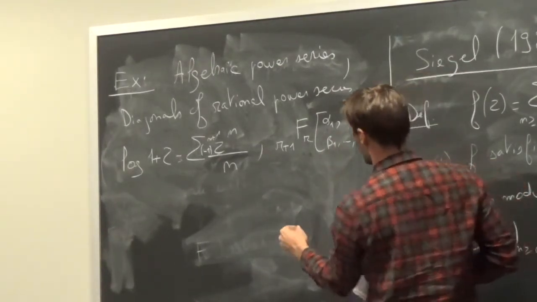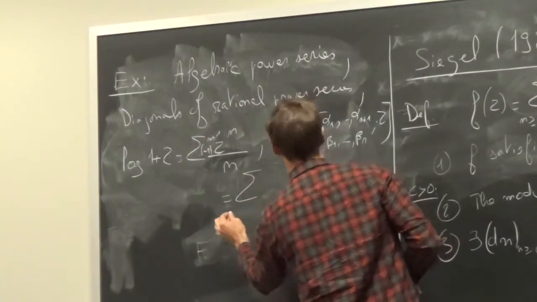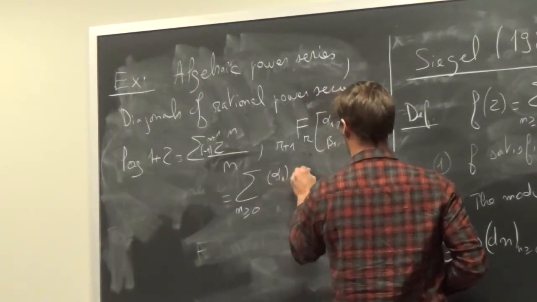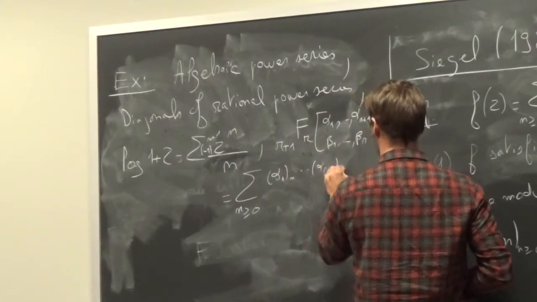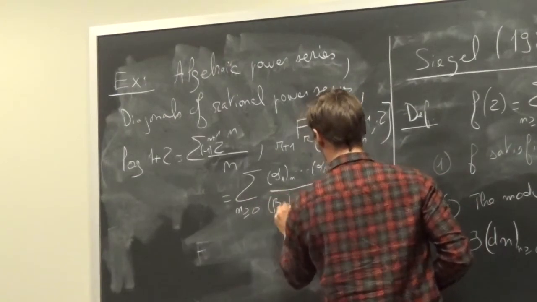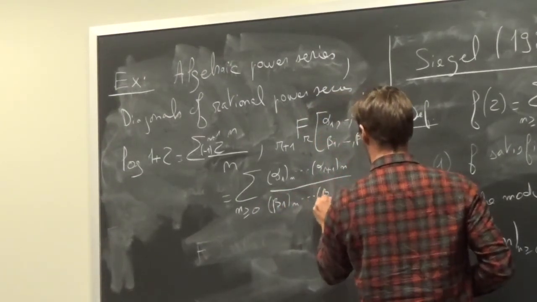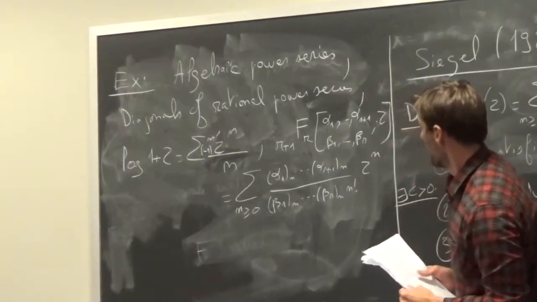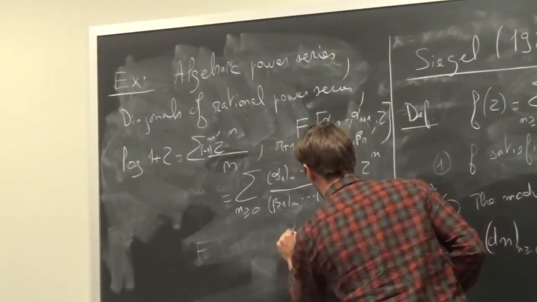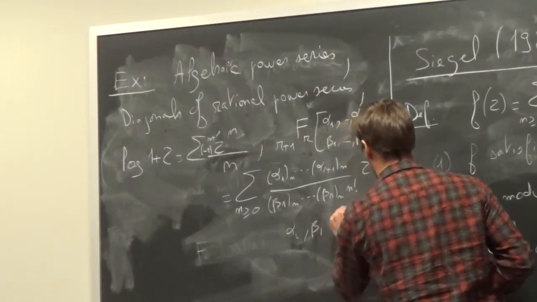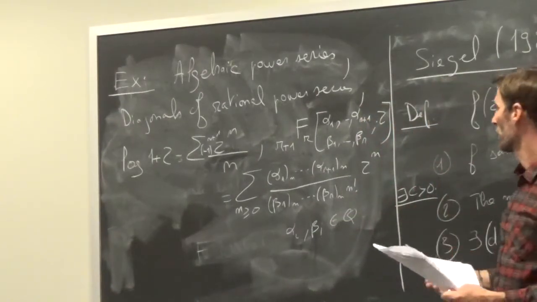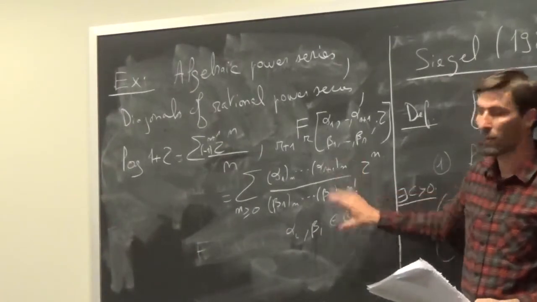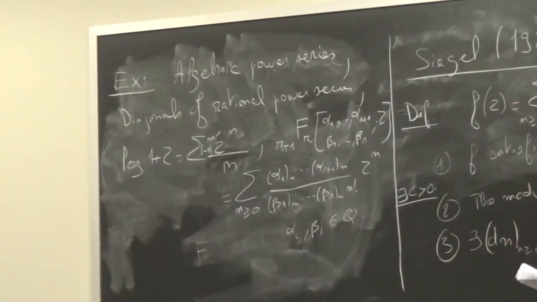This is defined to be the sum over n of (alpha_1)_n ... (alpha_{r+1})_n divided by (beta_1)_n ... (beta_r)_n, times z^n. If alpha_i and beta_i are rational numbers, we avoid negative integers for the beta_i for the series to be well defined. So these are again examples of G-functions.